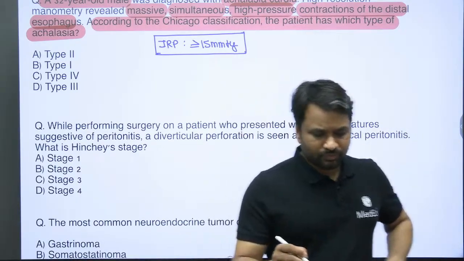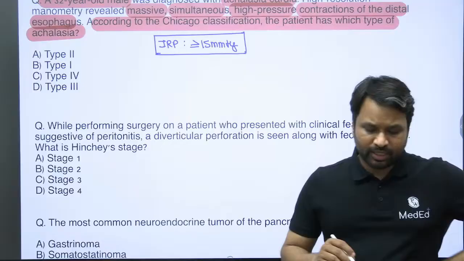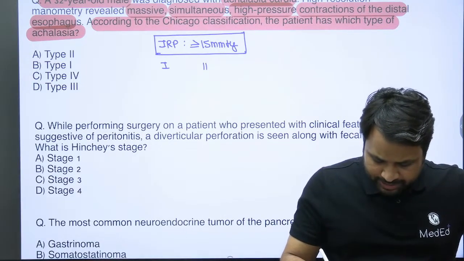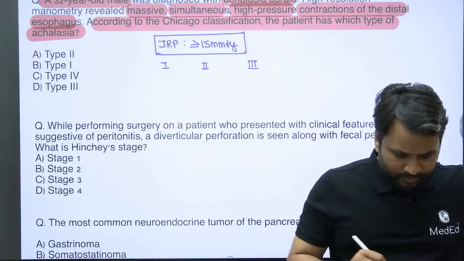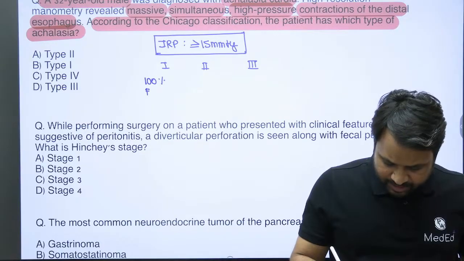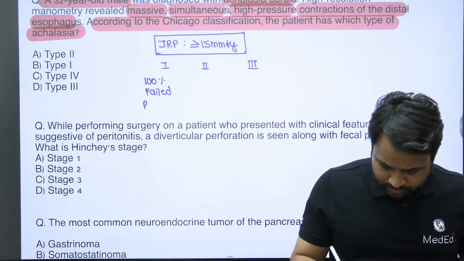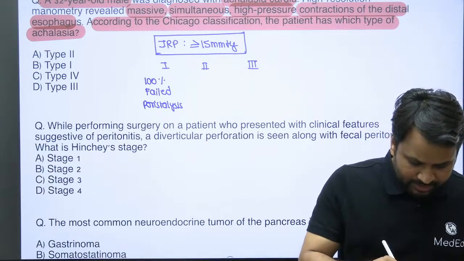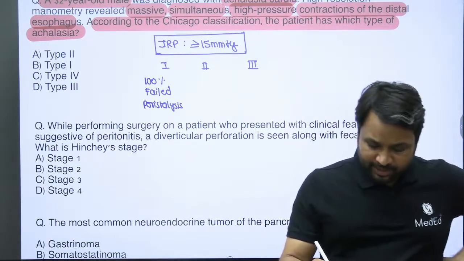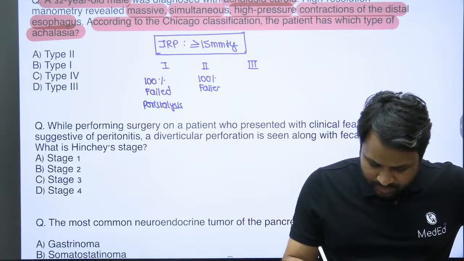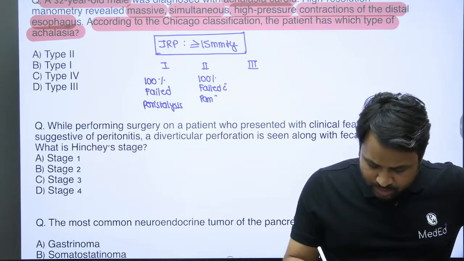As I told you, the first thing that you have to consider is your integrated relaxation pressure. That is going to be 15. It is the same for all three: type 1, type 2, as well as type 3 achalasia cardia. In type 1, you have 100% failed peristalsis. In type 2, you will have 100% failed peristalsis with pan-esophageal pressurization.